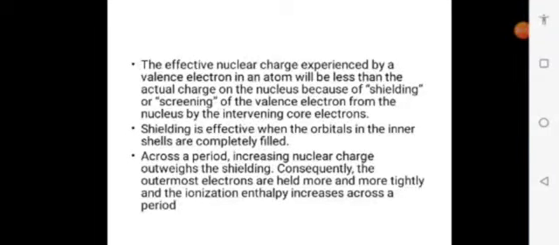Got it? The shielding is effective when orbitals in the inner shells are completely filled. This effect is predominant when the number of inner electrons in fully filled shells increases.